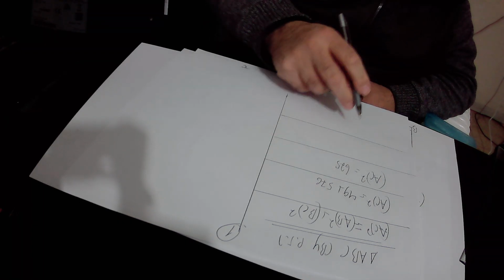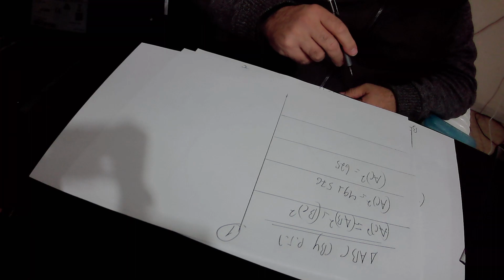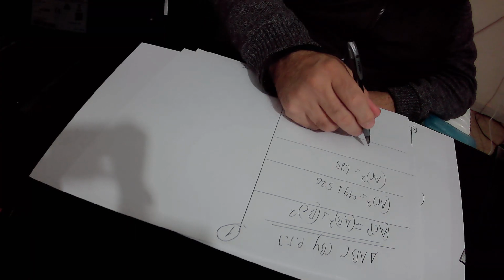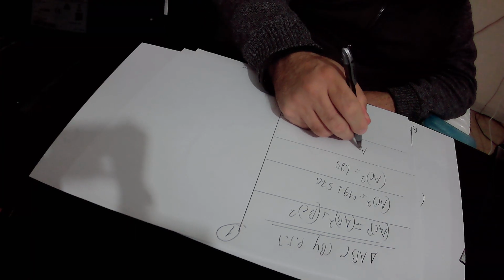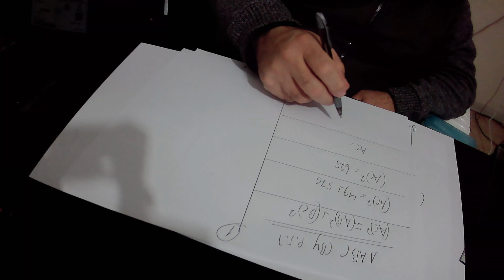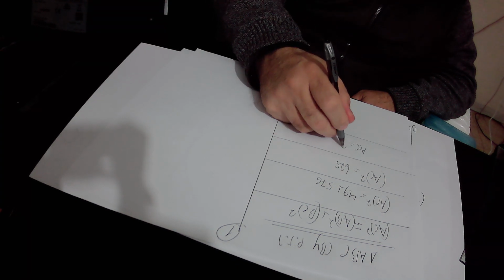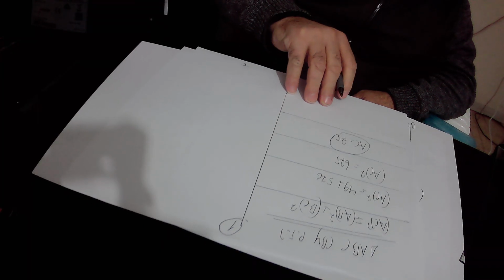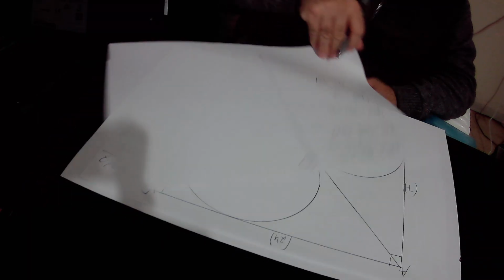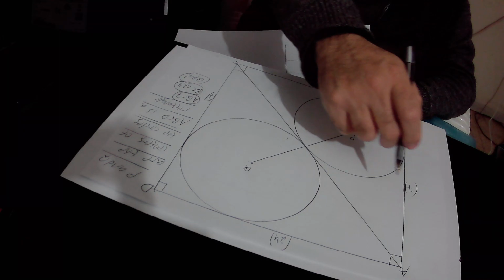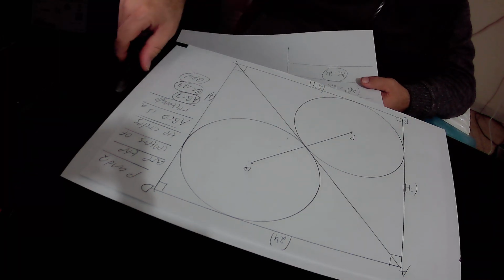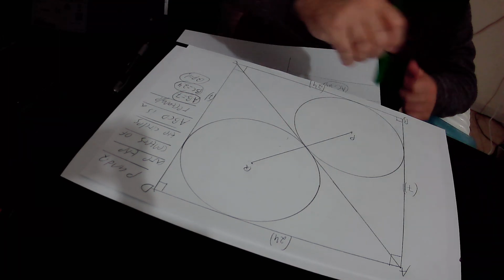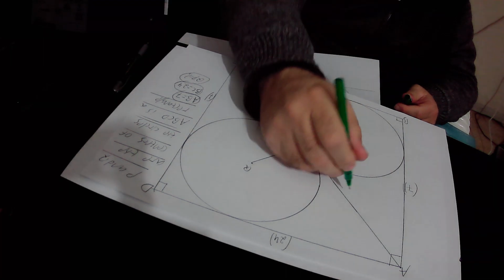So AC squared equals 625. We take a root out of this equation and we get that AC equals the square root of 625, that's actually 25. So we found out that the length of the hypotenuse AC in the right triangle ABC equals 25 units. Here, AC equals 25 units in its length.